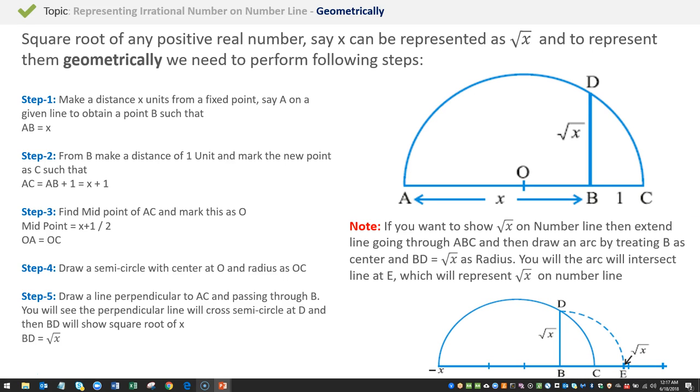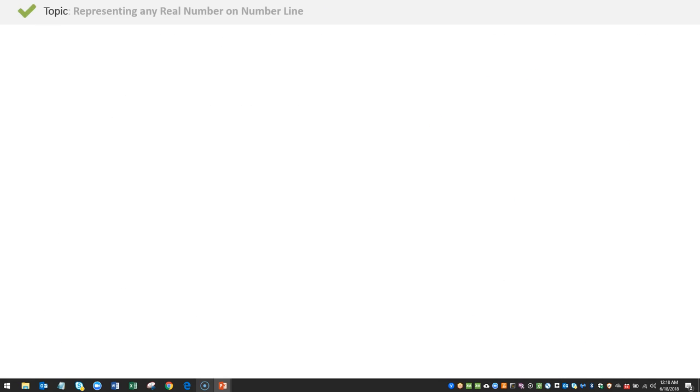And you will see it's going to intersect the number line somewhere at E, and that also represents the value of square root of x. Now this value of square root of x is value from point B. Represent any real number on number line.